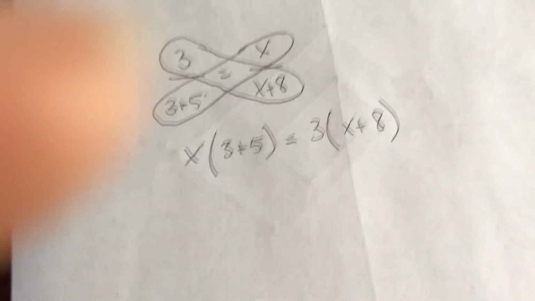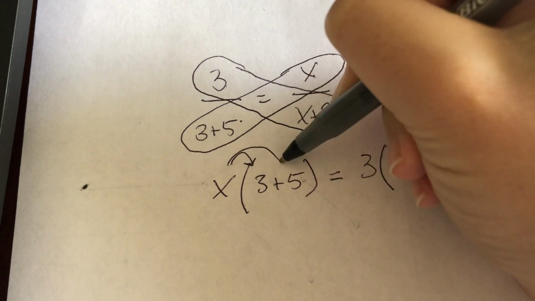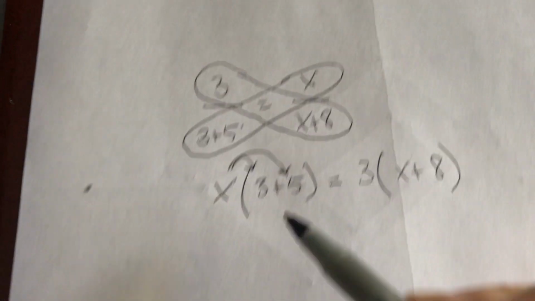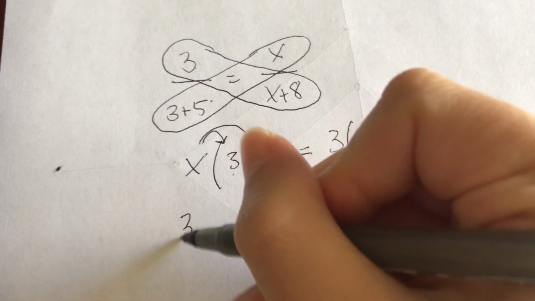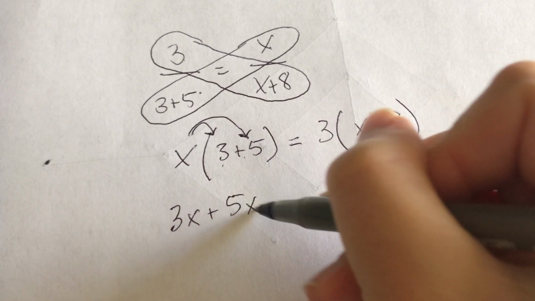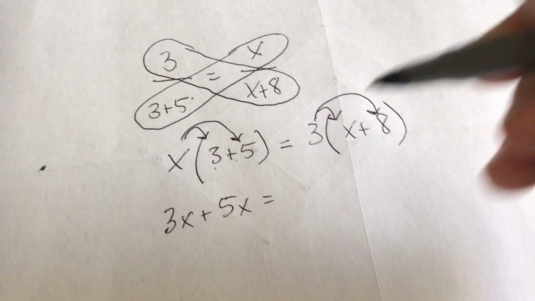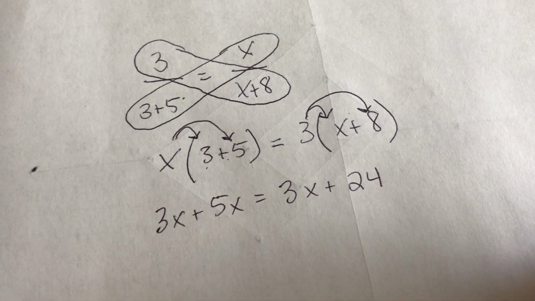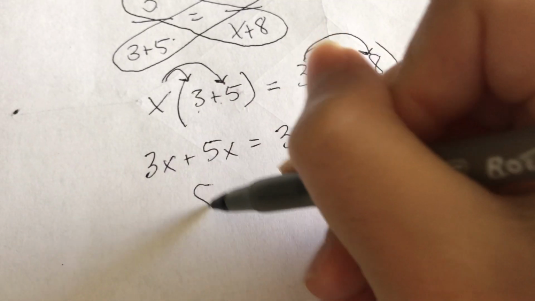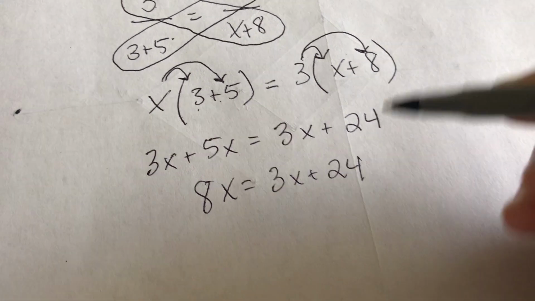Now we are going to distribute. Let's distribute this x to the 3, the x to the 5. If you want, you can just add 3 plus 5, which gives you 8, because we're going to get the same thing. 3x plus 5x equals, and let's distribute this 3 to everything inside, 3x plus 24. Let's combine like terms on this side. We're left with 8x equals 3x plus 24.